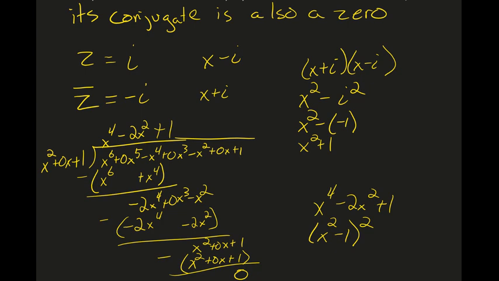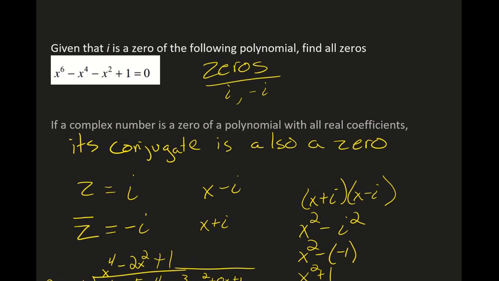So then we can factor that to x squared plus 1, x plus 1, x minus 1, because x squared minus 1 is the difference of perfect squares. So our other zeros then, we set each of those equal to 0: 1 with a multiplicity of 2, and negative 1 with a multiplicity of 2.